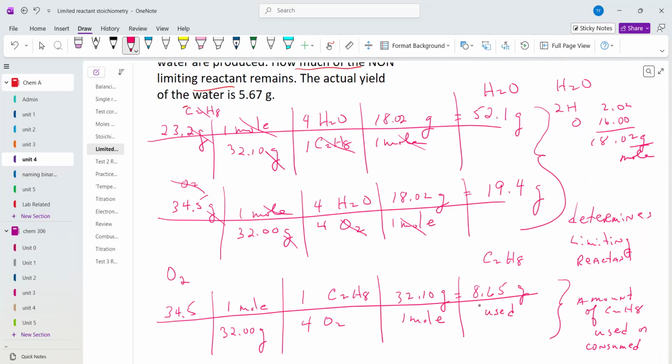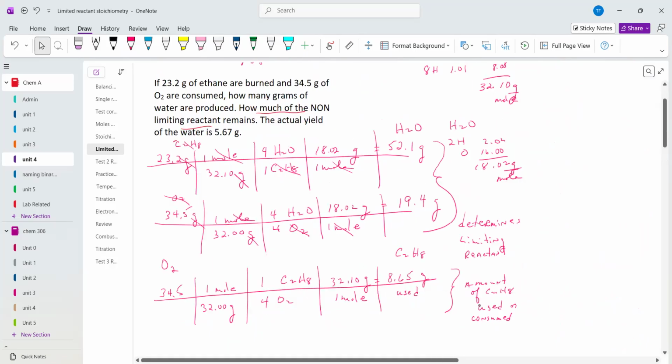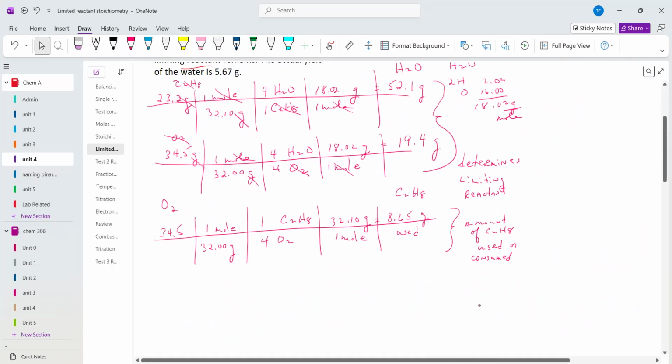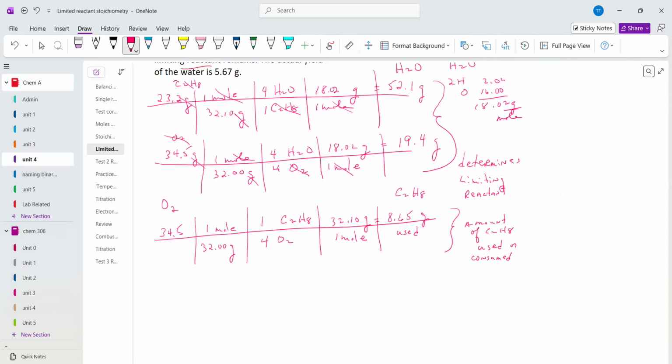So we used, of the 23 grams, we used 8.65 grams. How much is left over? That's a subtraction problem. So we started with 23.2. So our initial mass was 23.2. We used 8.65.